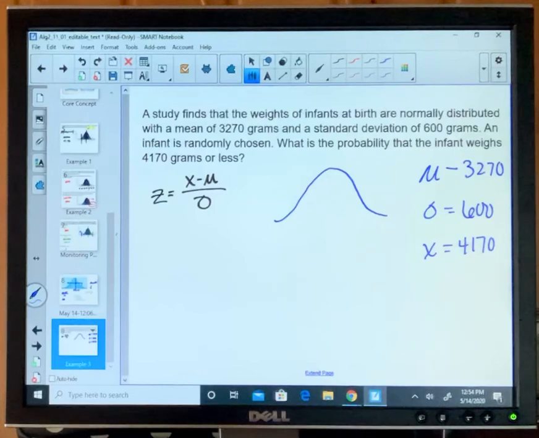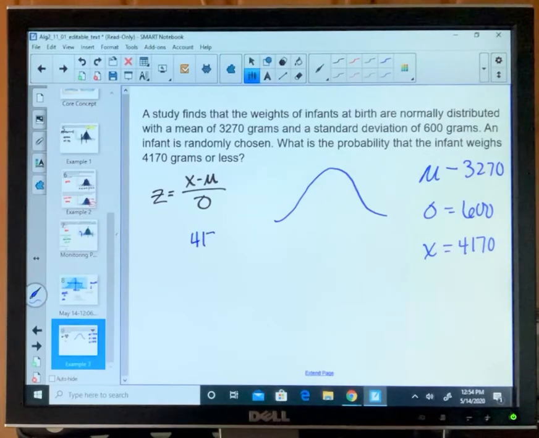Now this is the thing about z-scores. They always tell you how much or less. So if you want to do or more, you're going to have to subtract. This one's still doing or less, so that's perfect. What we're going to do is fill this in: 4,170 minus the mean, which is 3,270, divided by your standard deviation.